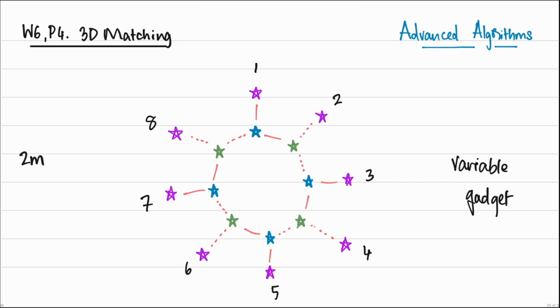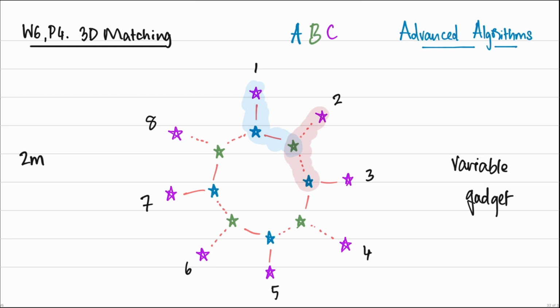But what's the construction? Well, the blue stars represent elements from the first set, the green ones from the second, and the purple ones from the third. And our triplets are going to be along the solid and the dotted lines. So, for instance, this here is one of our triplets. This here is another one of our triplets, and so on.